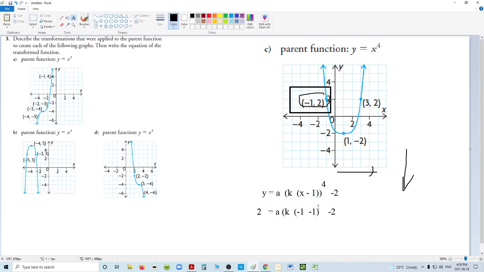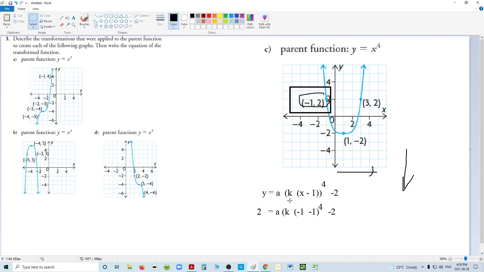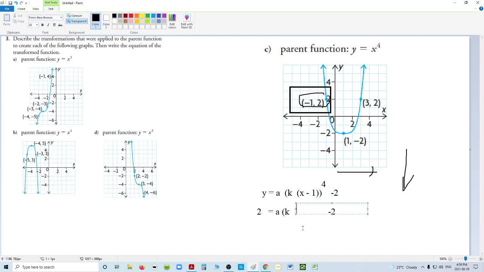And I take it as far as I can. So minus 1 is minus 2, and to the power of 4, it becomes positive. So I know it's going to be 2 to the power of 4, which is 4, 8, 16, positive 16. So I know I'm talking about 16 times my a and my k, which I'll just leave in front, and then subtract 2.